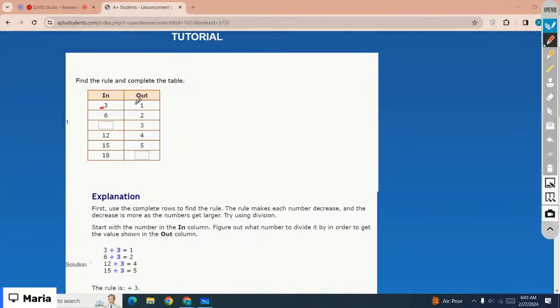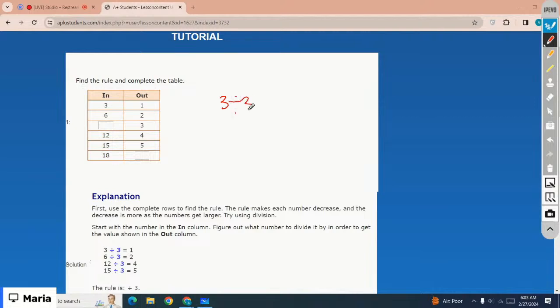Here you have 3, here you have 1. Yes, 6, 2, 12, 4, 15, 5, right? If you see them carefully, you can see all the output values are factors of the input values. Like 1 times 3 is 3, 2 times 3 is 6, 4 times 3 is 12, 5 times 3 is 15, right? That means you can find each output value by dividing the input value by 3.